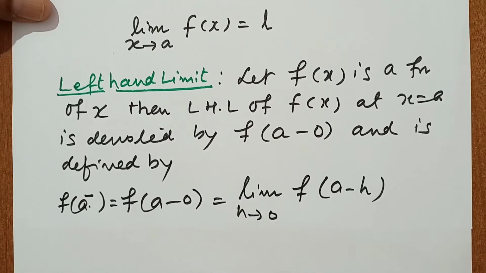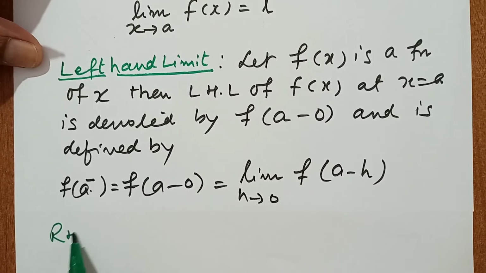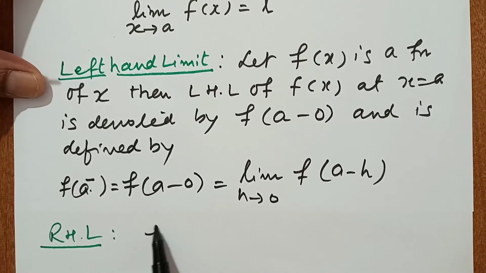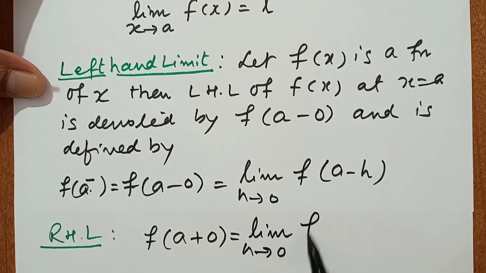Similarly, the right hand limit of a function is denoted by f(a plus 0). What is the right hand limit? It is denoted by f(a plus 0) and is defined by limit h tends to 0 f(a plus h).